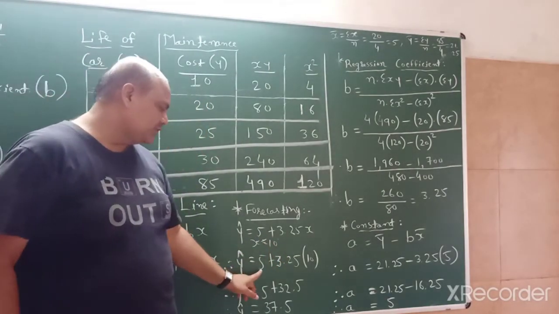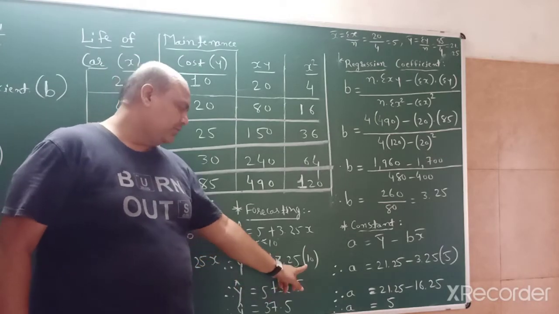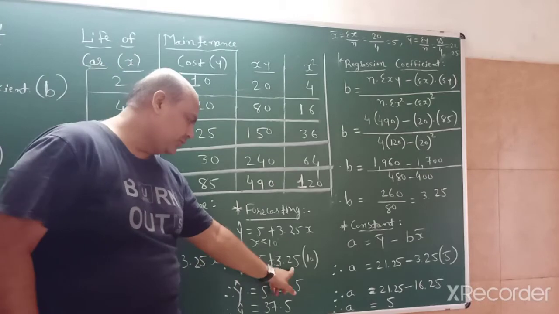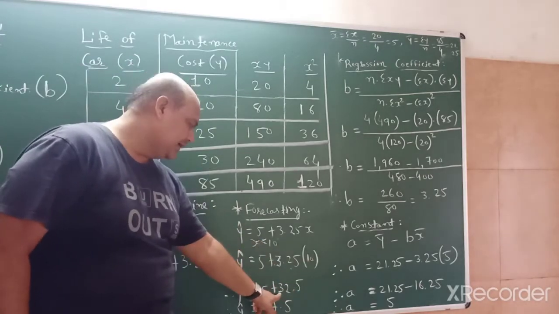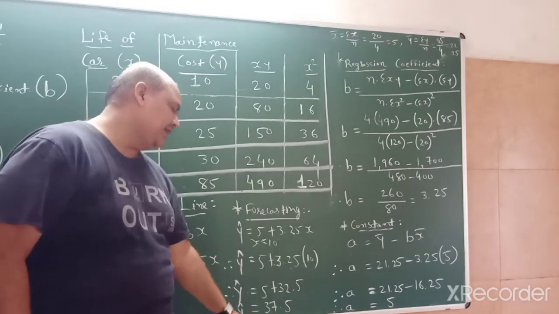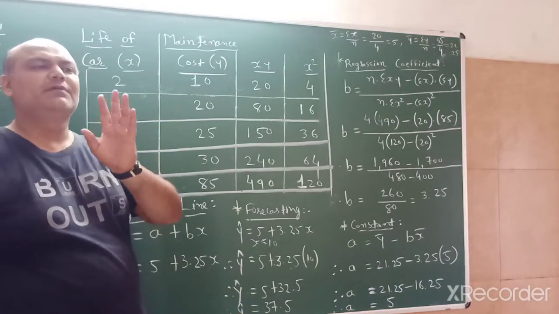Now y cap is equals to 5 plus 3.25. In place of x I put 10. 5 plus 3.25 into 10. So 32.5. 32.5 plus 5, y cap is equals to 37.5.